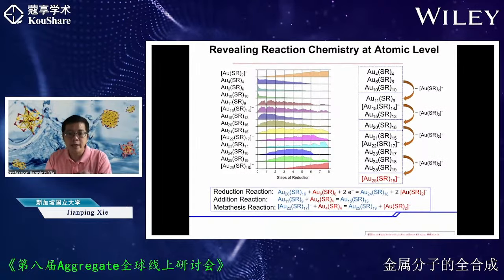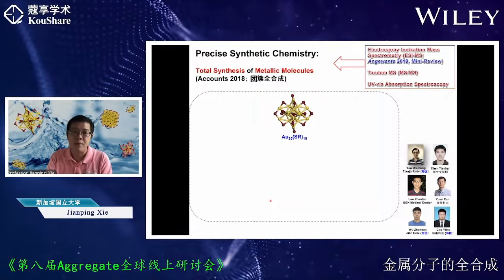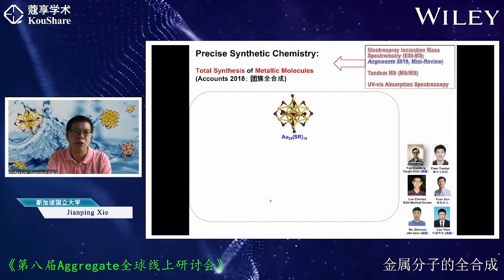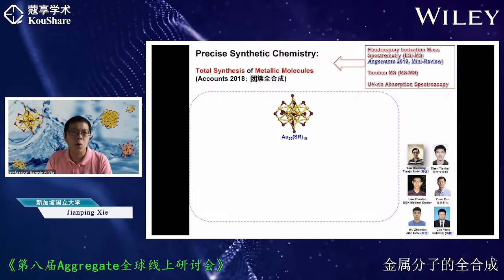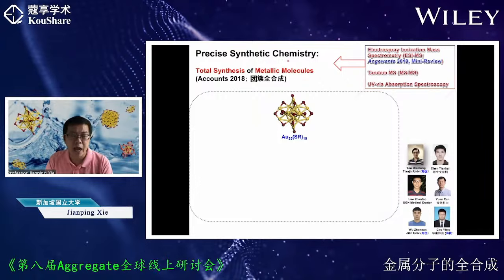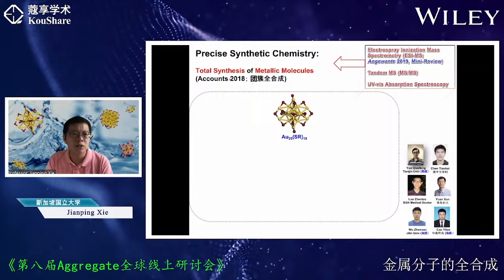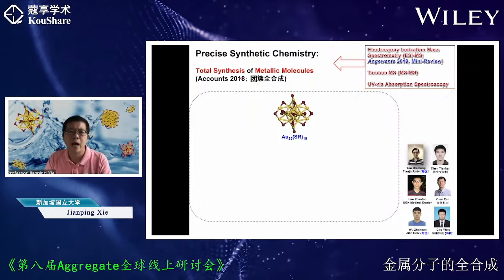Okay, so we will summarize our study in the past 10 years in this particular field. We call it precise synthetic chemistry. We coined this concept in Accounts in 2018, calling it total synthesis of metallic molecules.